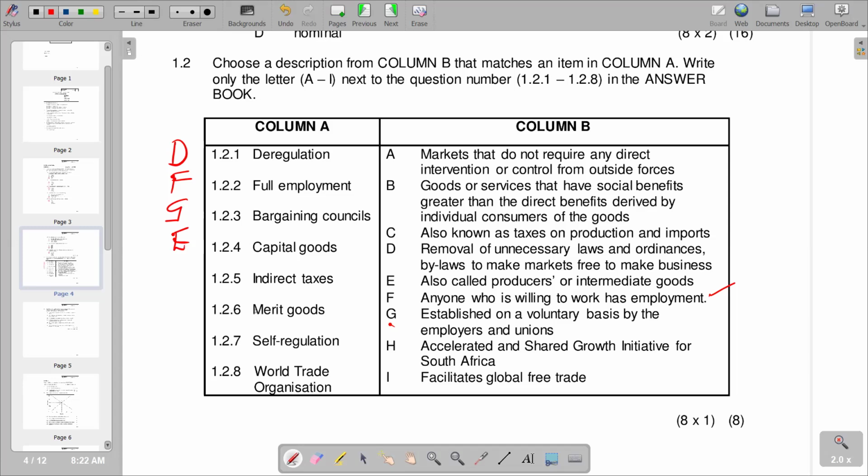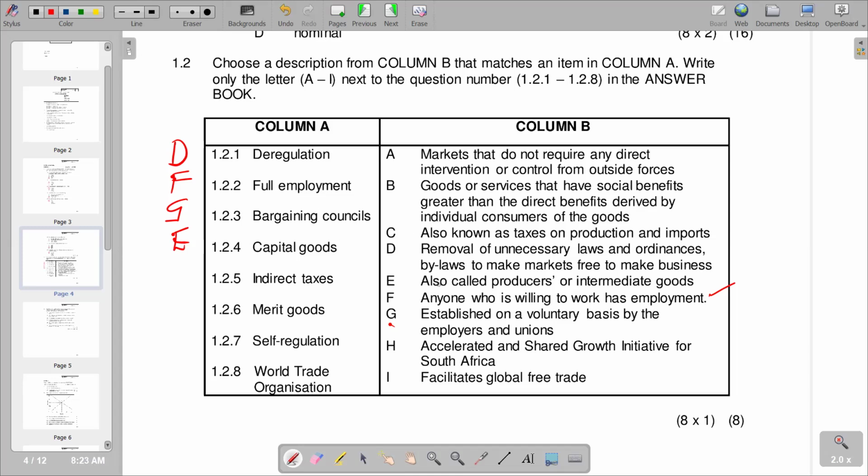Then we have got 1.2.5, indirect taxes. So these are taxes that are not charged directly to the taxpayer. They are charged indirectly. For example, we have got value-added tax, that is tax on consumer goods. It's charged on the retailer, and then the retailer collects the tax from the customer. So typically, those are the type of taxes.